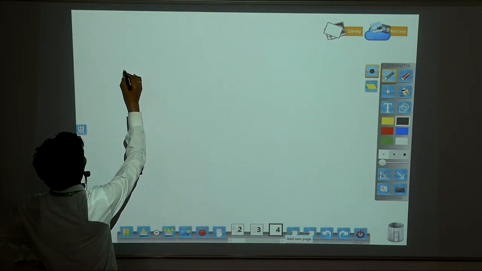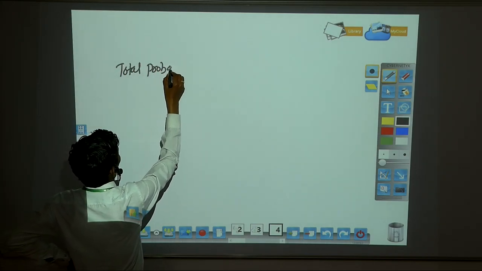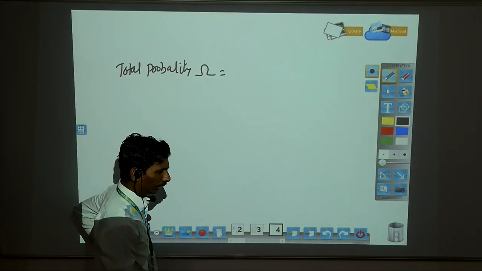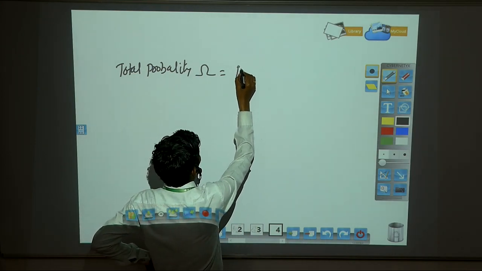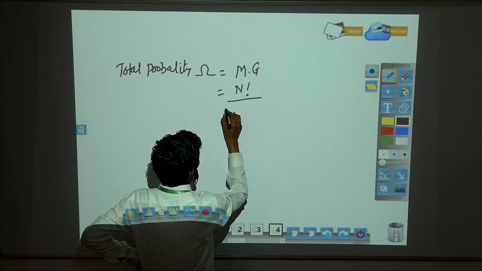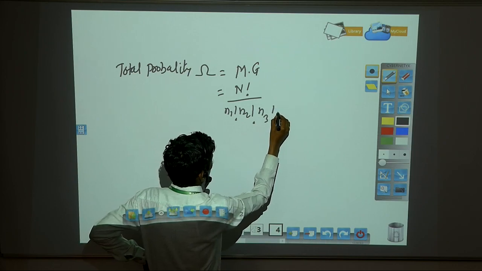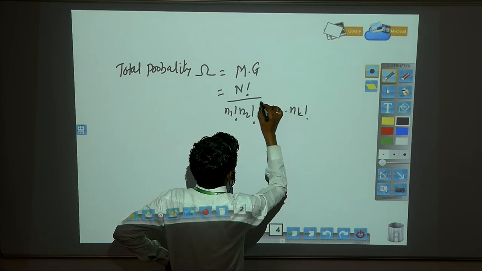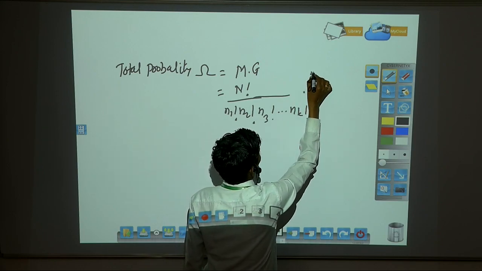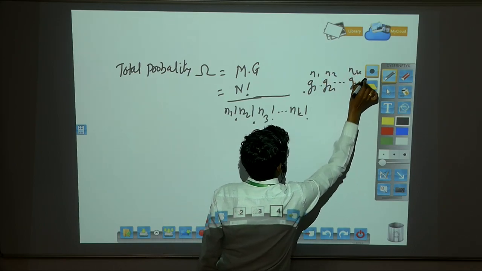We have got the total probability. Now the total probability is given by omega. You can consider that omega is nothing but m into g, where m is n factorial divided by n1 factorial, n2 factorial, n3 factorial, nk factorial, and g is g1 raised to n1, g2 raised to n2, gk raised to nk.